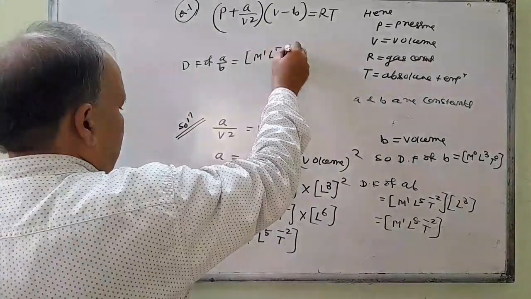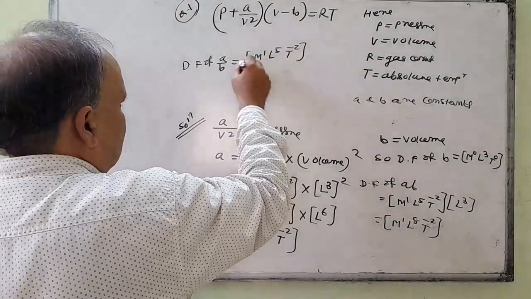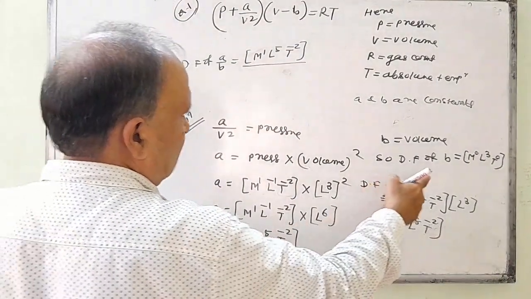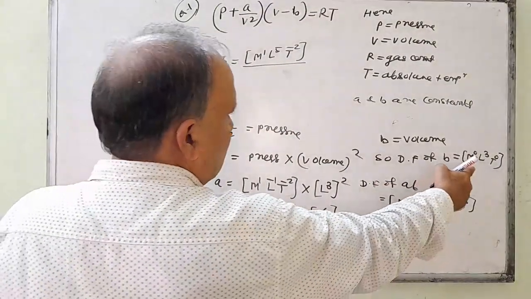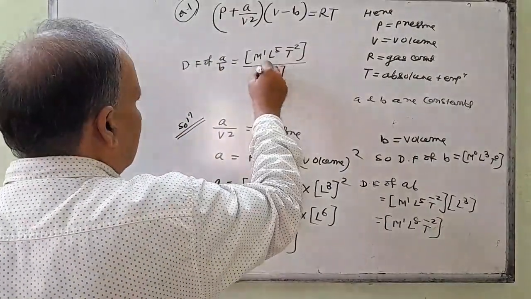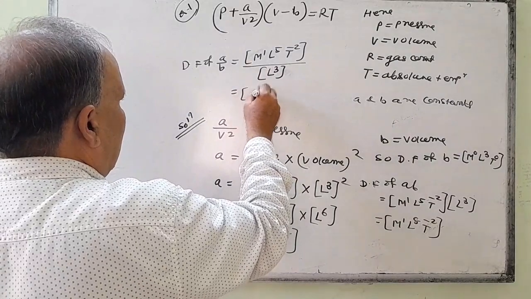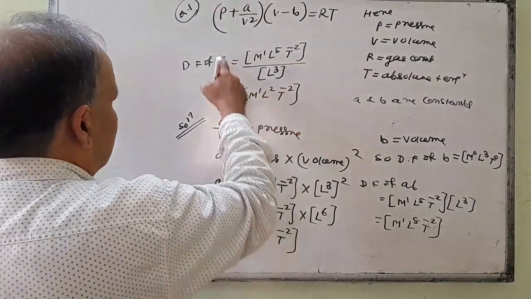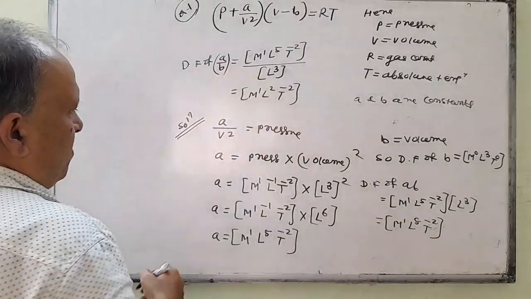M1 L to the power 5 T to the power minus 2 divided by what? Volume. What is the dimension of a volume? Dimension of B, that is your L cube, that is equal to what? M1 L square T to the power minus 2. This is the dimensional formula of A by B.